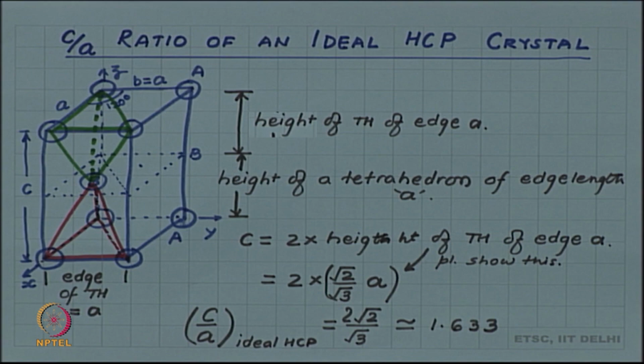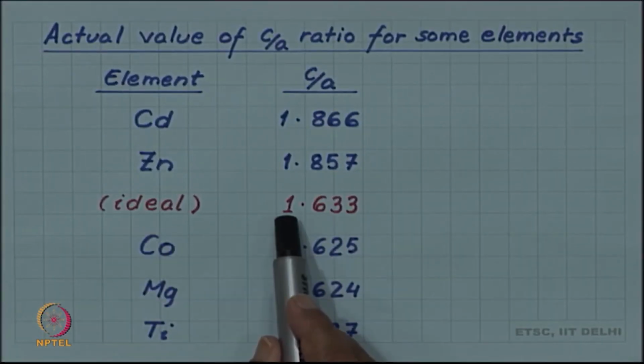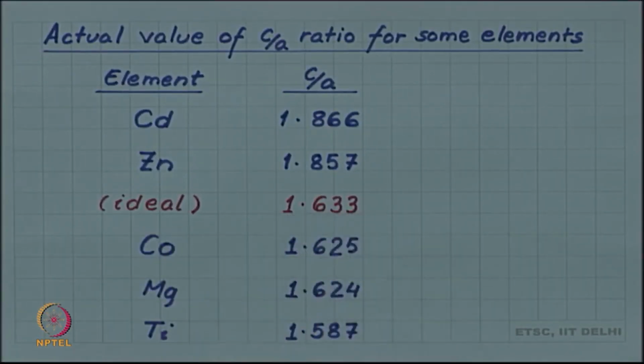So, let us look at the values of C by A ratio in actual elements. The ideal value is shown here, 1.633. You can see that some elements like cadmium and zinc have values significantly higher than the ideal value. Cadmium has 1.866, zinc is 1.857.